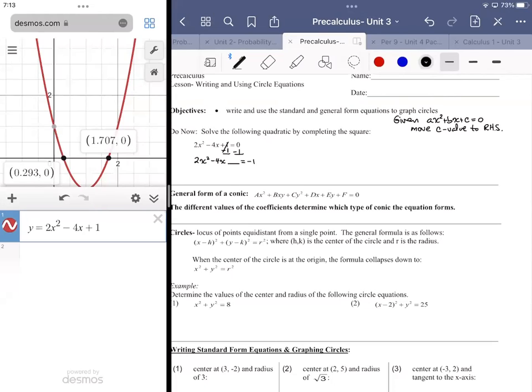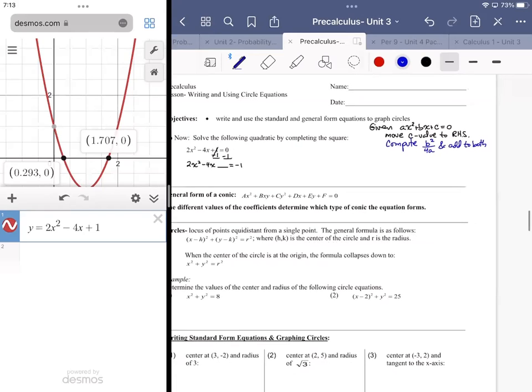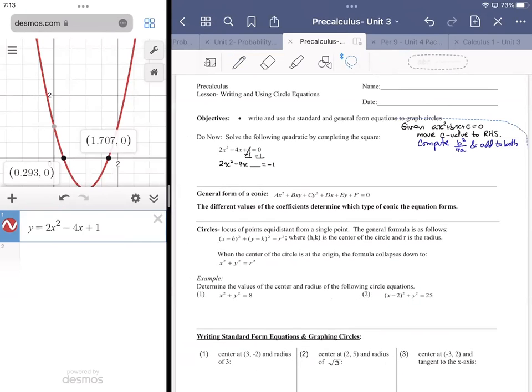So in order to do that, I'm going to compute b squared over 4a and add to both sides. And I never give myself room.